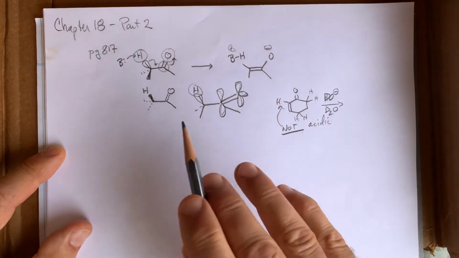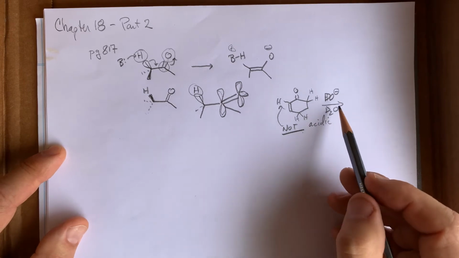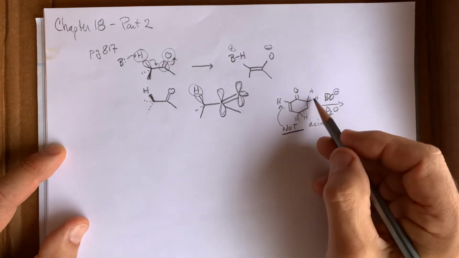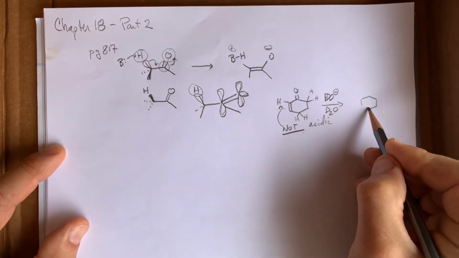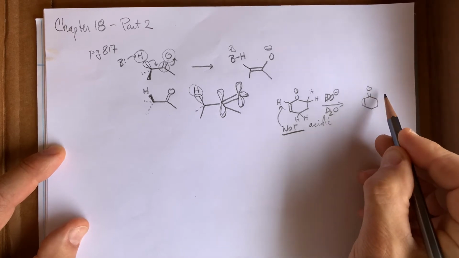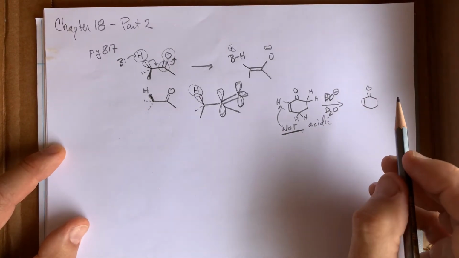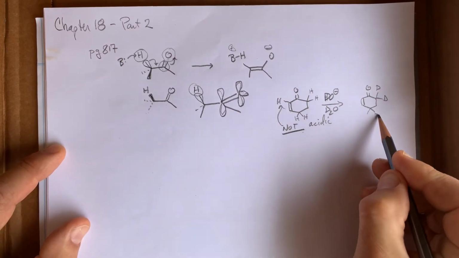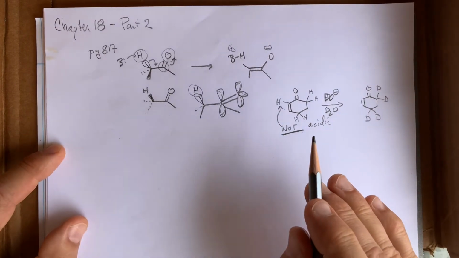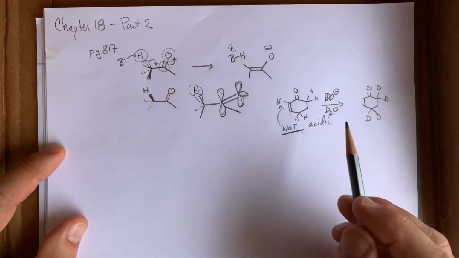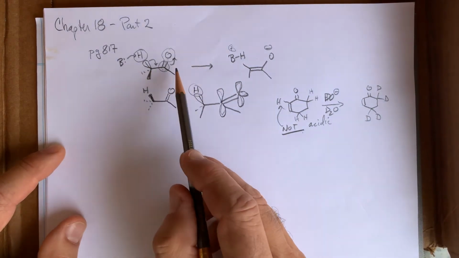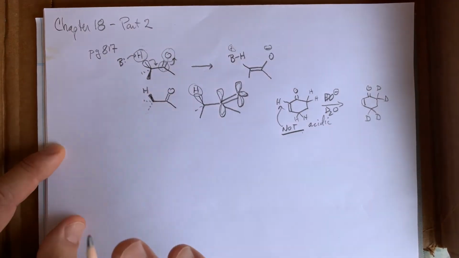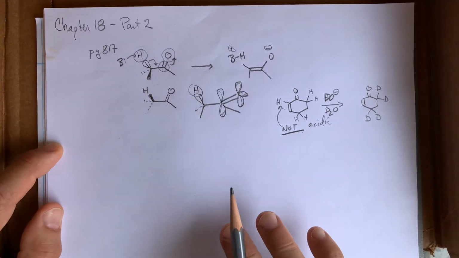If you put this in D2O with a little sodium deuteroxide, you will reversibly pull off the acidic protons, and you will per-deuterate, meaning you will fully substitute all of the acidic protons with deuterium. You'll put two of them over here, and two of them over here, and that will be it. So just recognize that this depiction in your book doesn't properly show you orbital overlap, and that's a problem.